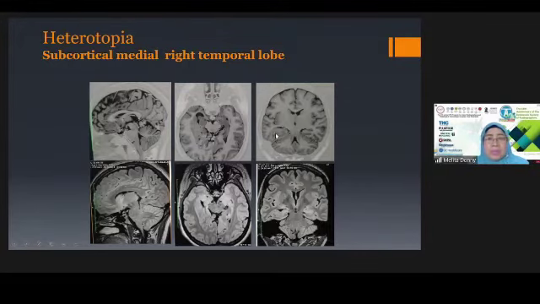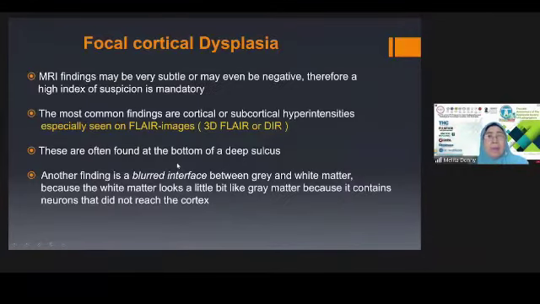We can see it clearly in the sagittal, coronal and axial, and also in FLAIR. And how about focal cortical dysplasia? Usually it's very difficult, sometimes it's subtle and it can also be negative.